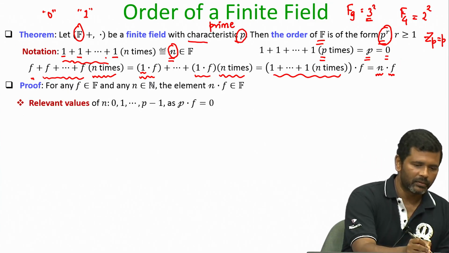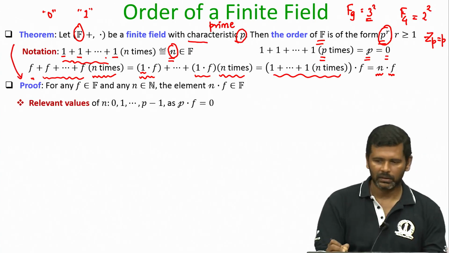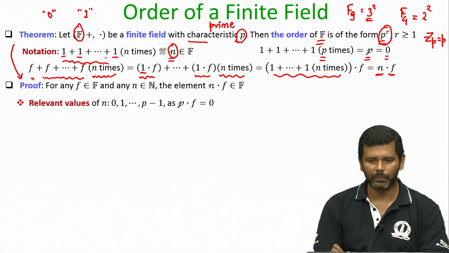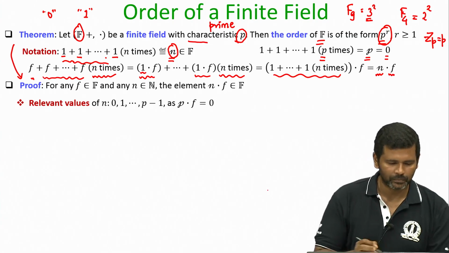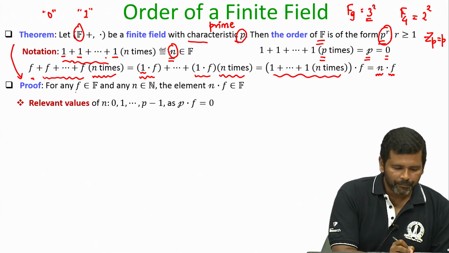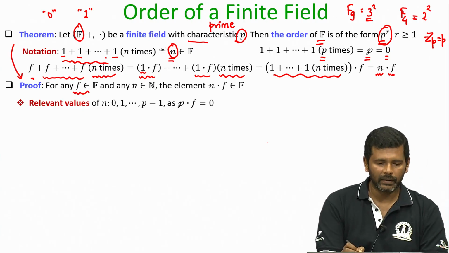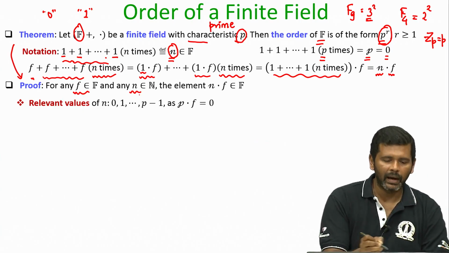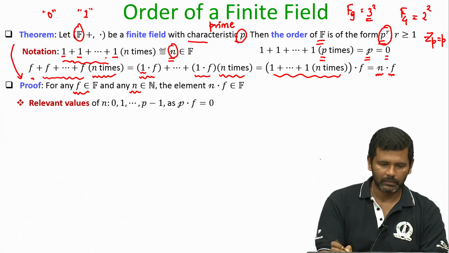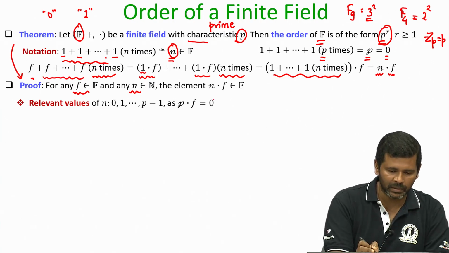Right. So, now let us go into the proof of this theorem. The proof is very interesting here. You consider any element f of the field and any multiple n from the set of natural numbers.